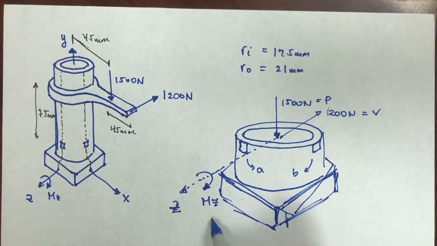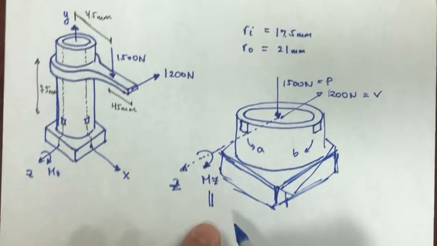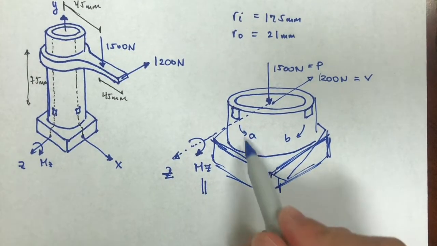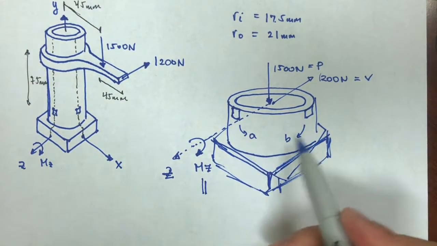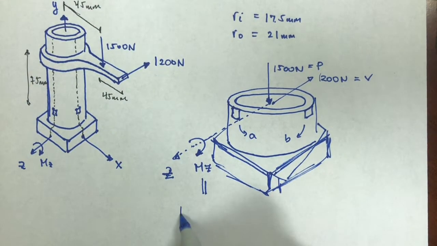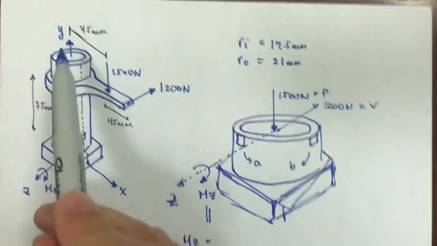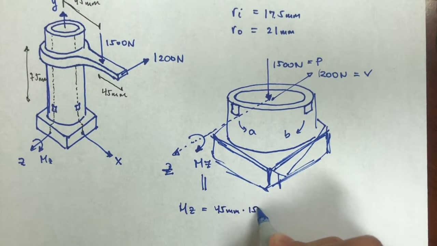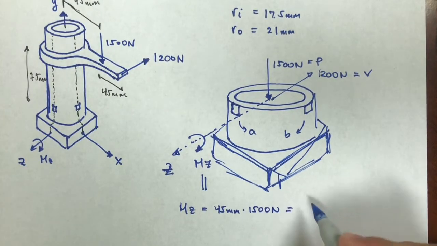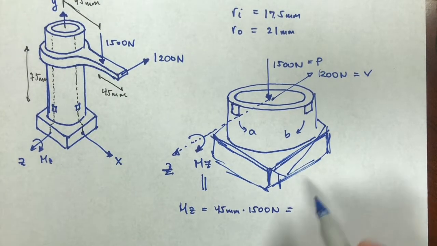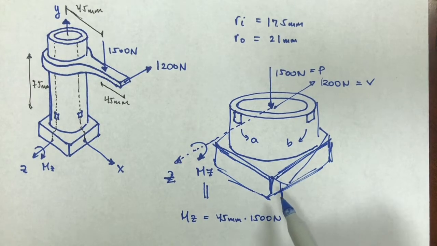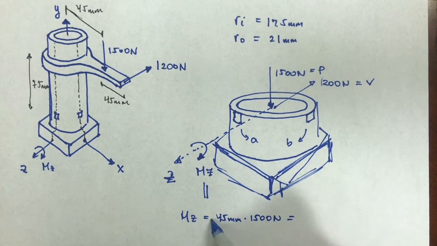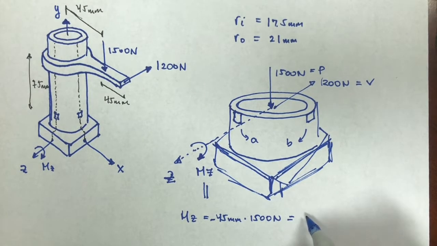So MZ, and I can actually calculate what MZ is. Again, I wouldn't be doing this if it was a design problem, but for now I'm just trying to figure out what the stresses are in A and B. MZ would be the distance of 45 millimeters times 1500 newtons. The moment would be negative, so negative values for that: minus 67.5 newton meters.